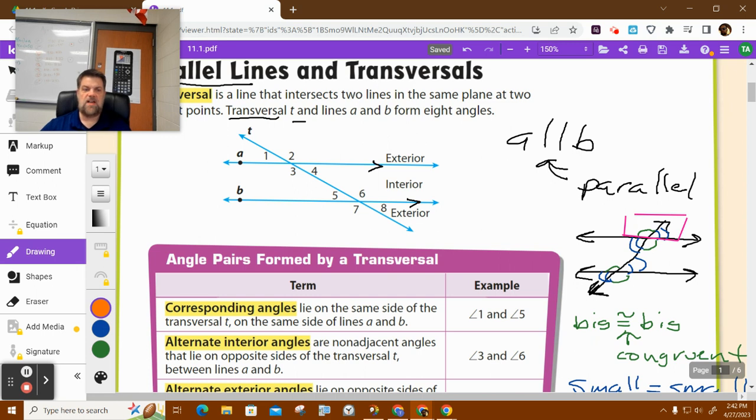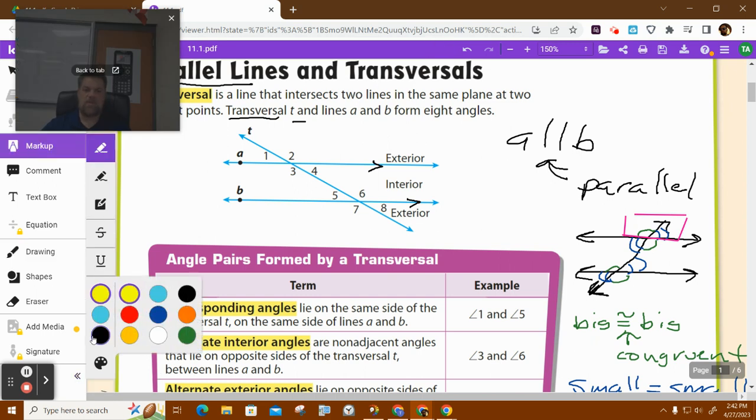Now these angles have names, all right? So let's figure out what they are. We're going to mark them up with different colors.